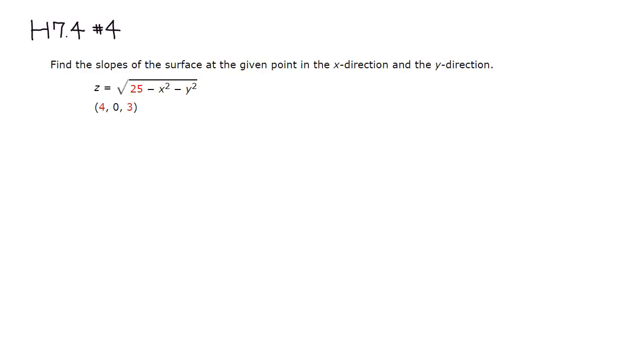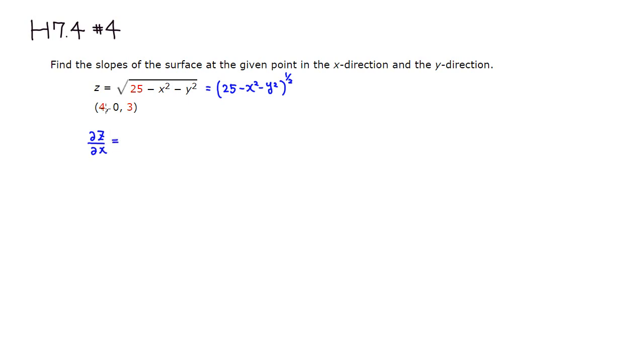First, I don't like square roots, so I'm going to rewrite it as the quantity 25 minus x squared minus y squared to the 1/2 power. Let's find the partial derivative with respect to x. So, partial of z with respect to x.